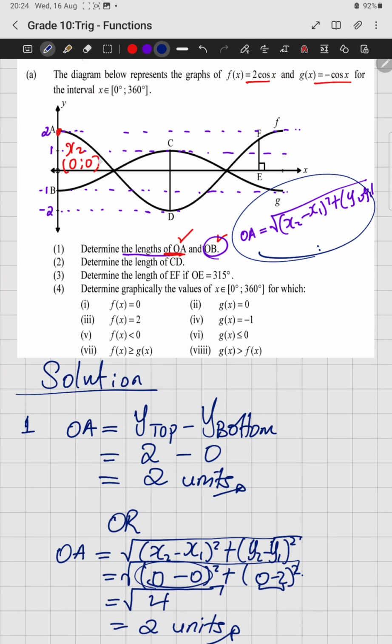that is from O to B, from O here up to B. So O is the top part, Y top, and B is the Y bottom now. What is the Y value of O? It is 0. What is the Y value of B? It is -1. So we're going to say 0 minus -1.